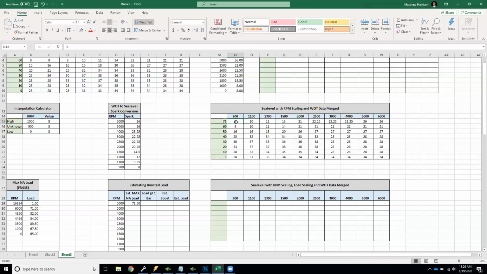And even though the maximum load we can achieve at some of these really low RPMs is considerably lower, I'm still going to go ahead and plug in the numbers that we had here. This will make a little bit more sense later why this is okay. Okay, so we've got 8 there. We decided 9.25 here. And we decided 12 here, 14.5, and 20.25. Okay. So that's all of that.